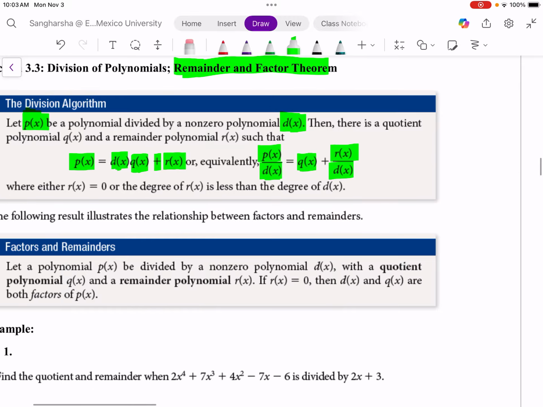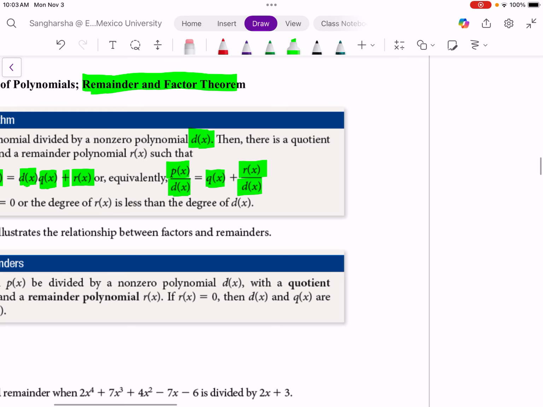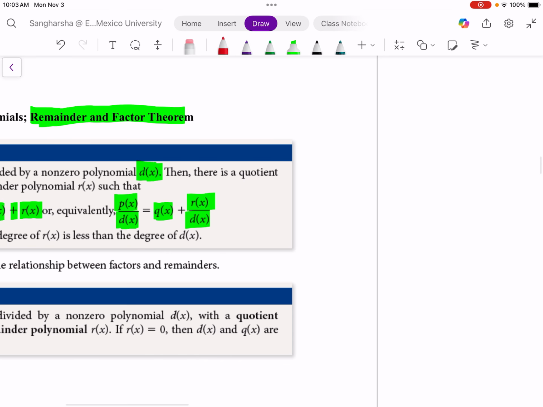So let me take a very simple example. For example, let's take a number, okay? So let's say we are dividing 35 by 6. So how do we divide 35 by 6? What will be the quotient and what will be the remainder here?